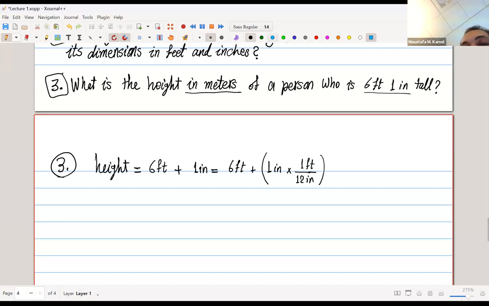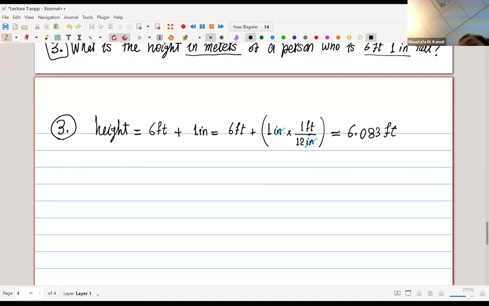So the units cancel. So I have everything in feet now. So this is 6 plus 1 over 12. And this is 6.083 feet. And now this is standard to calculate, to convert it to meters. 6.083 feet. You would just multiply it by the conversion factor, 0.3048 meters, which is equivalent to 1 foot.